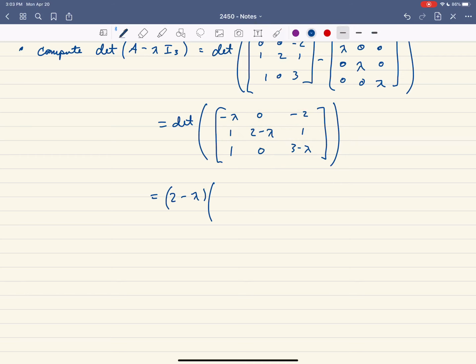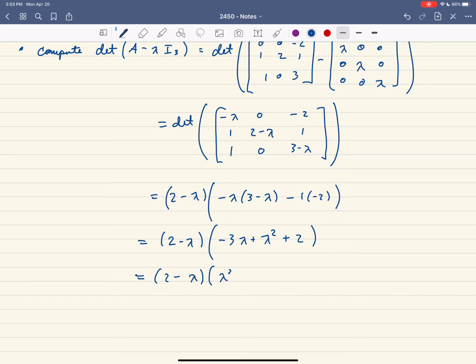The determinant of that is negative lambda times 3 minus lambda, minus 1 times negative 2. This works out to be 2 minus lambda times the quantity negative 3 lambda plus lambda squared plus 2. So this is 2 minus lambda times lambda squared minus 3 lambda plus 2.